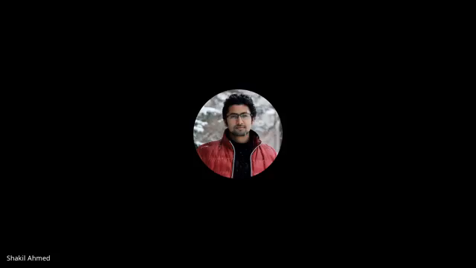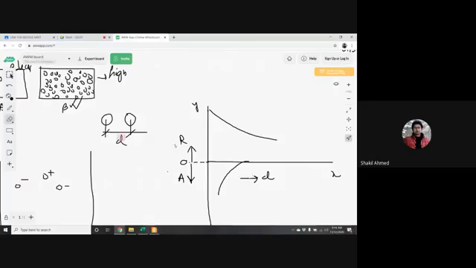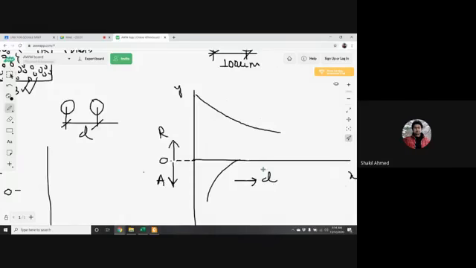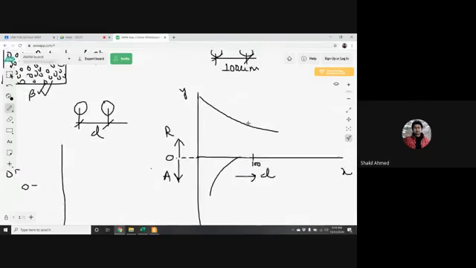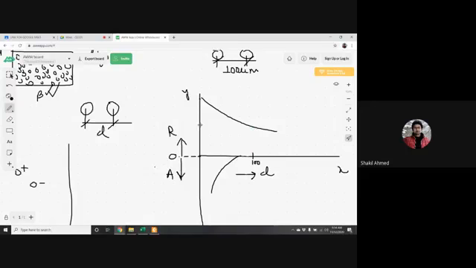That means if they have a distance of, for example, 100 micrometer, let's say this is 100, then the repulsive force will be what?